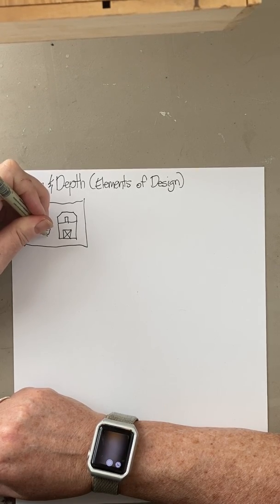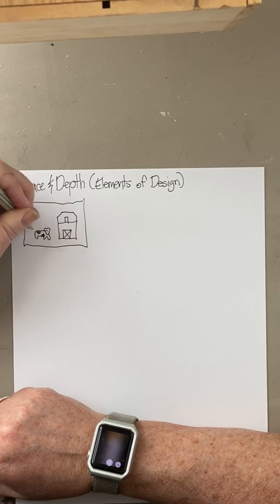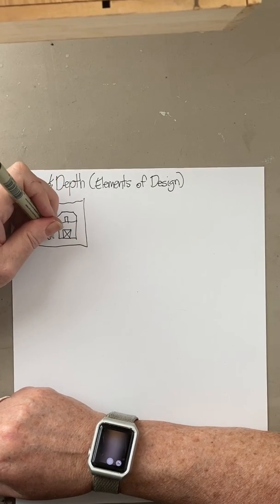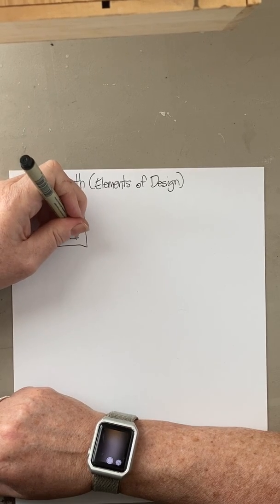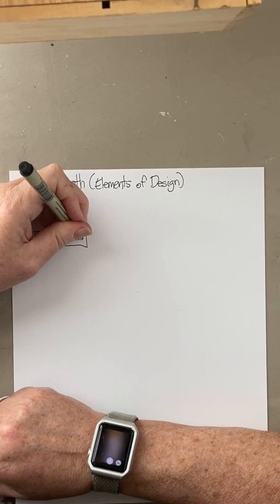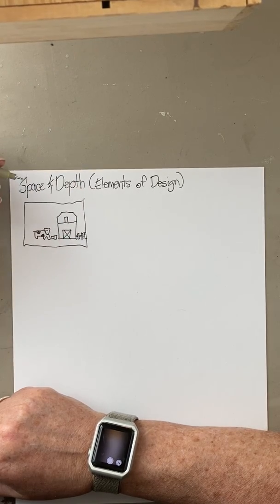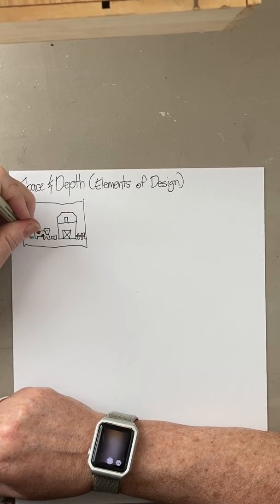Okay, bad cow drawing coming up. There, put little black spots on it. Looks like a cow. Oh, do cows have tails? I have no idea. Okay, some bales of hay. Got to have your fence. What else do we need? Oh, we need some grass.